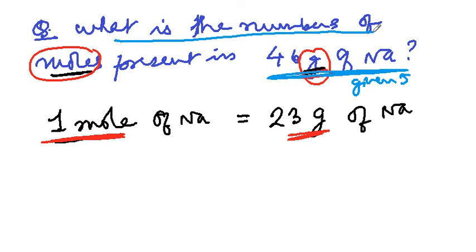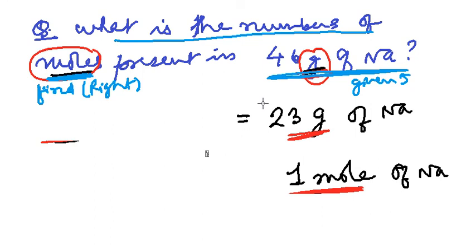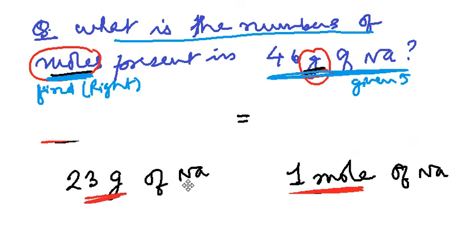We are supposed to find the number of moles. This is the one that we have to find. Always understand that the one that you have to find, you always try to put on the right side of the equation. So since we are going to find the mole, we'll put this on the right side of the equation, and the one that is given, we'll put that on the left side.